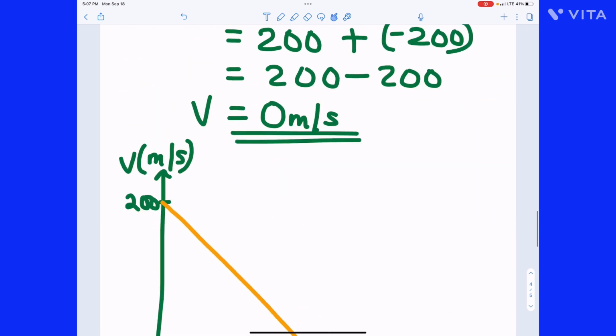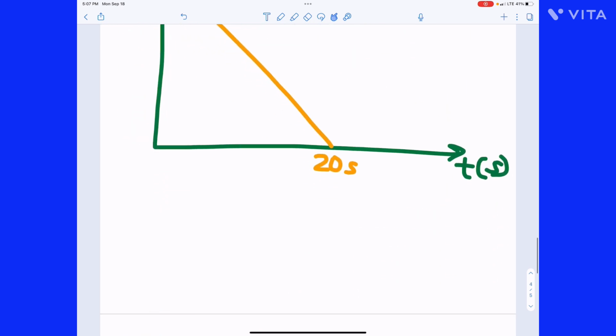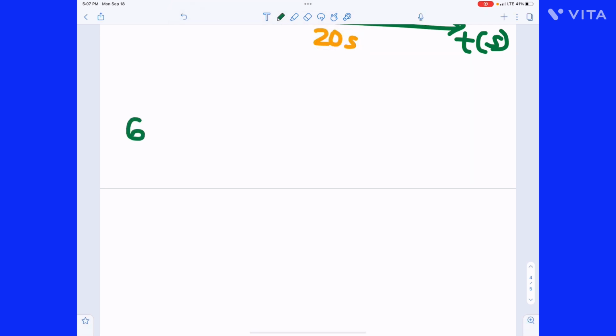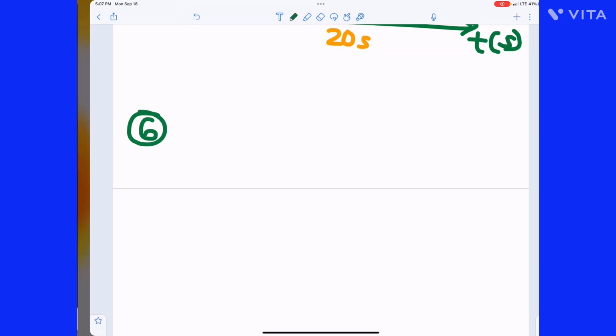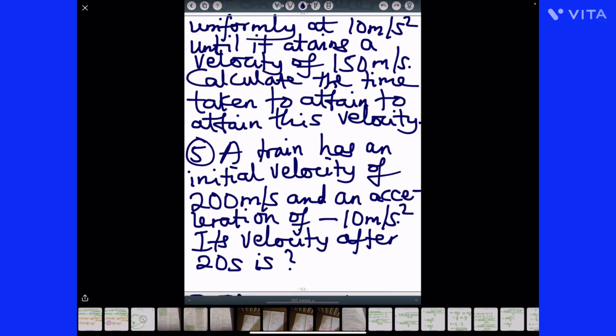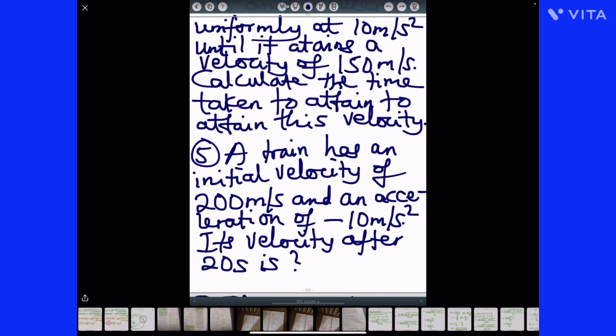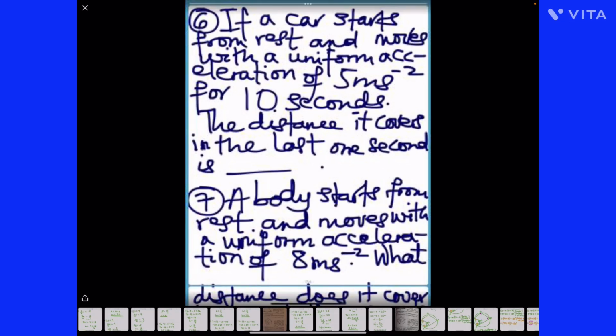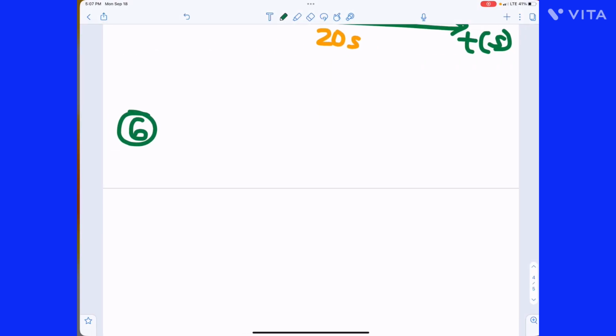Let's continue with question 6. Excuse me. Question 6 says if a car starts from rest and moves with a uniform acceleration of 5 meters per second squared for 10 seconds, calculate the distance it covers in the last 1 second.